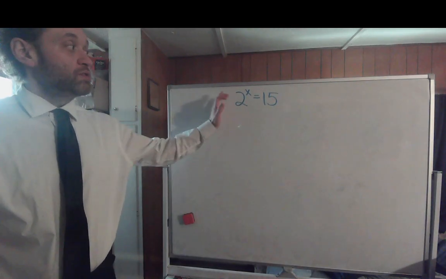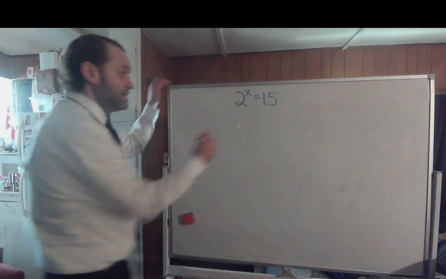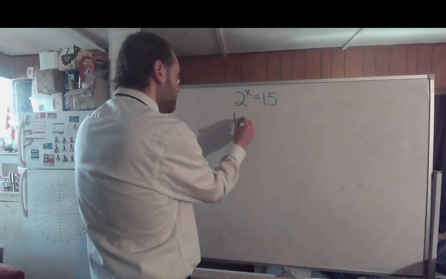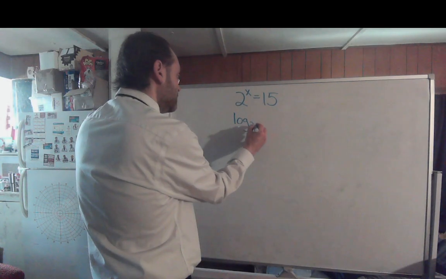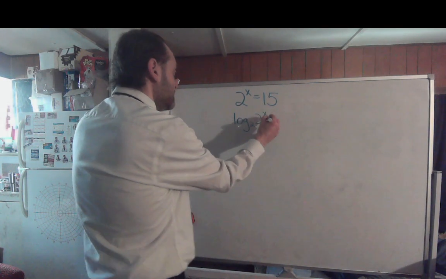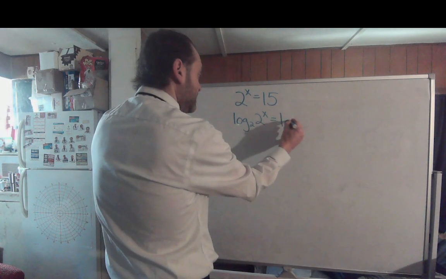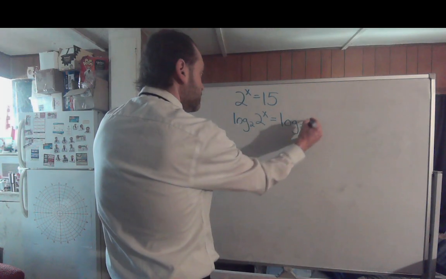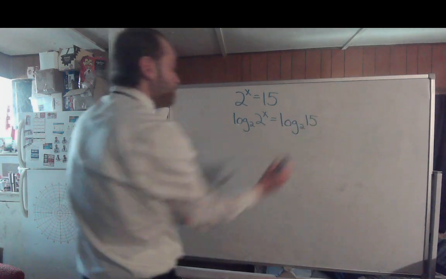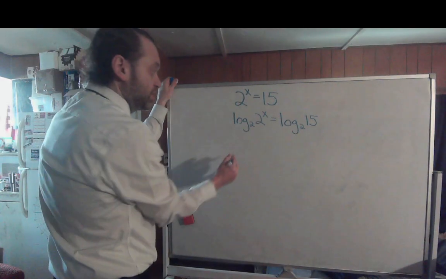So if you have 2 to the x, we need to take log base 2 of 2 to the x. But what you do to one side, you've got to do to the other. This would turn into equal to log base 2 of 15. Now on the left side, you have the power rule.